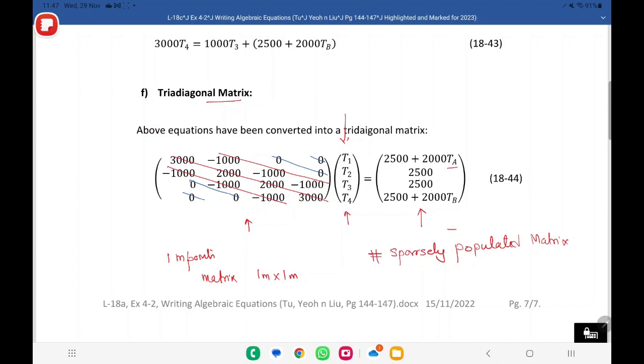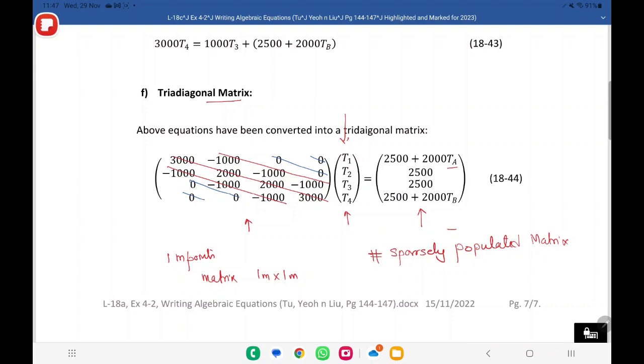Right? So for 4 points you have a matrix of 4 by 4. For 1 million points it will be a matrix of 1 million by 1 million. And of course even computers cannot solve it. If you go by the normal method, a foolproof method of Gauss elimination or matrix inversion, you will not be able to solve them in a reasonable amount of time.